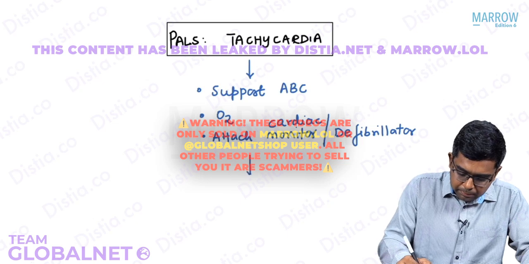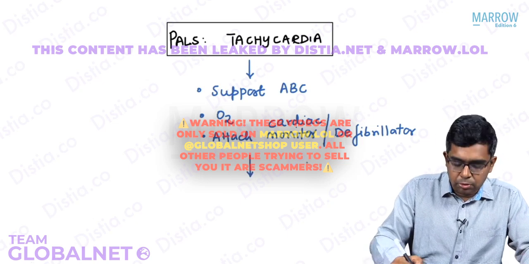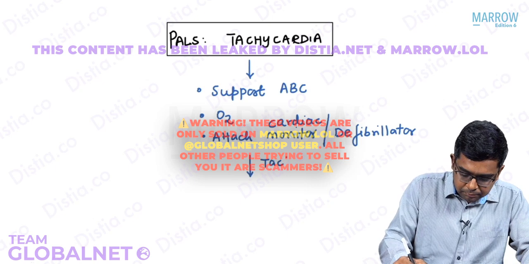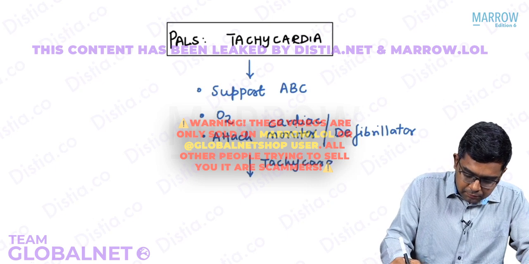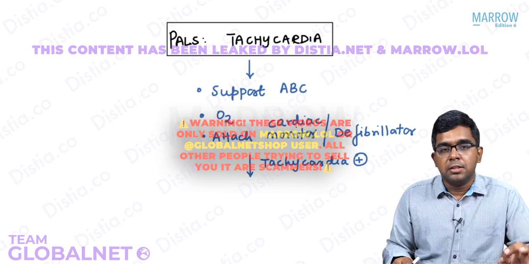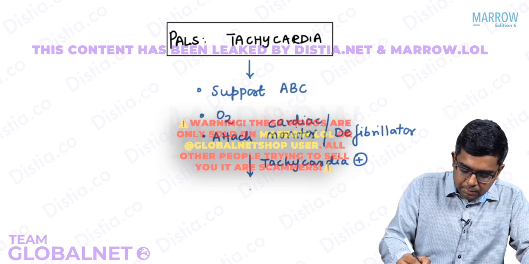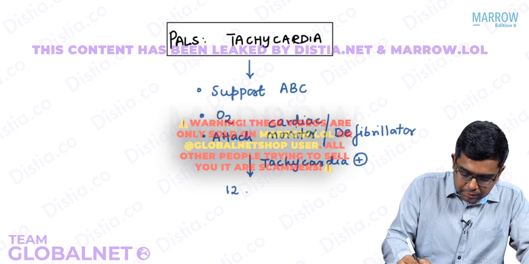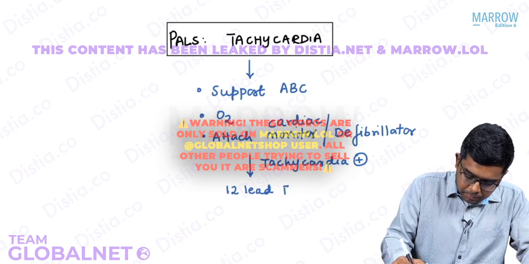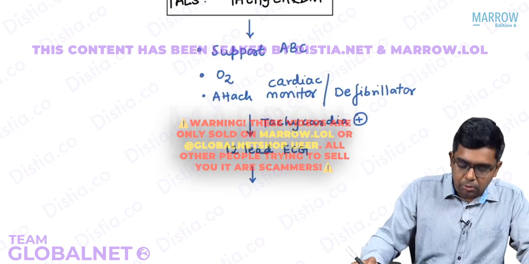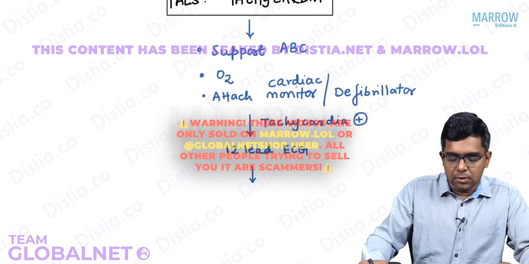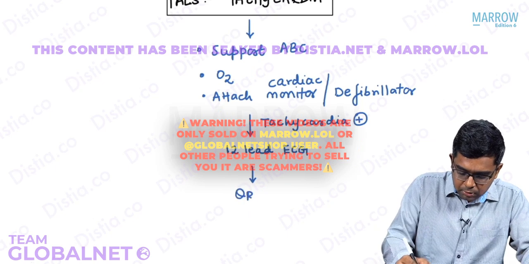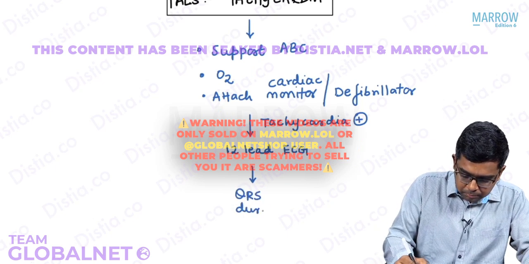Suppose even after doing the basics, the child continues to be in tachycardia, then you have to go for specific evaluation. At this time, you have to attach a 12-lead ECG and analyze the rhythm. Okay, you have to particularly focus on the QRS duration.